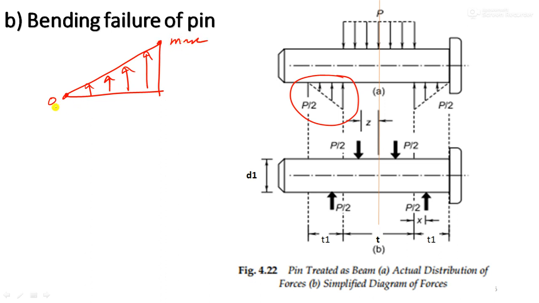Now let us say this load is acting somewhere here. What is the load acting? This load is nothing but P by 2, which is acting somewhere here. Let us say this distance is x from here to here, and this distance is y.